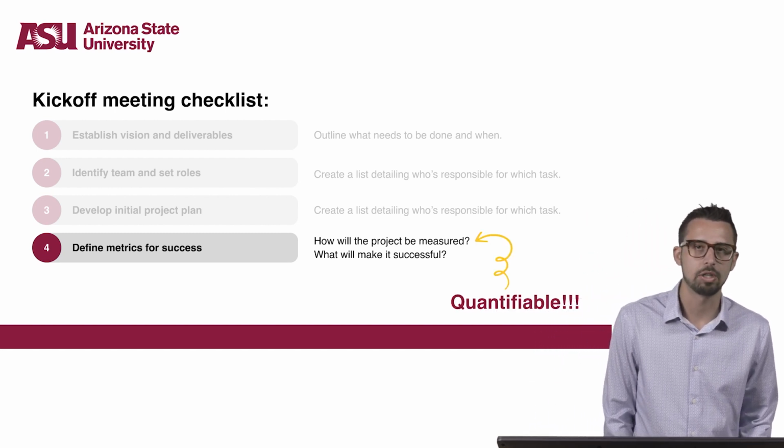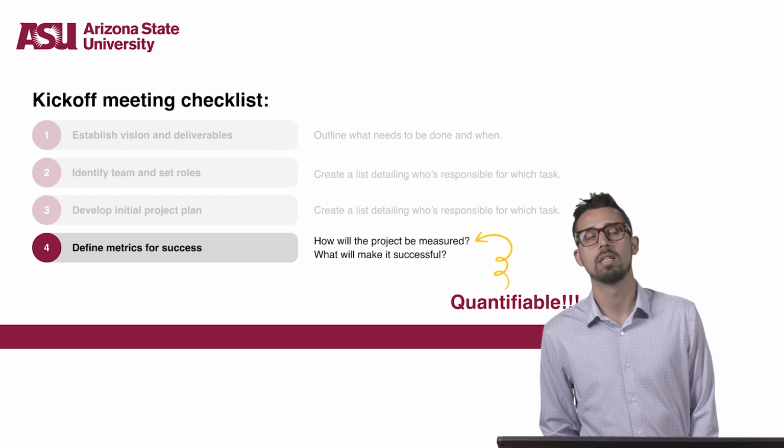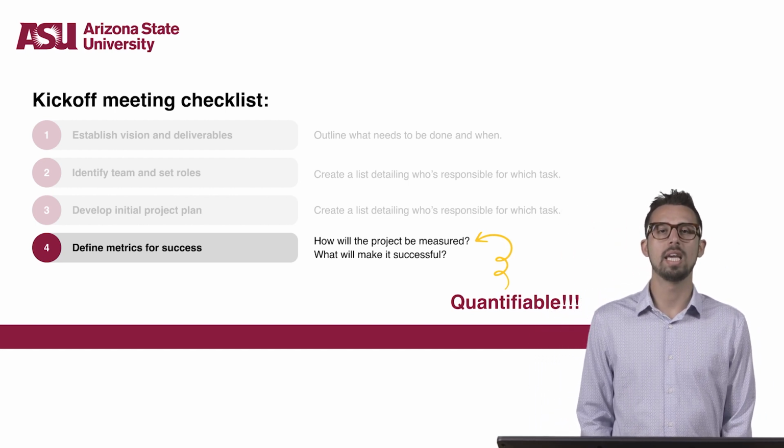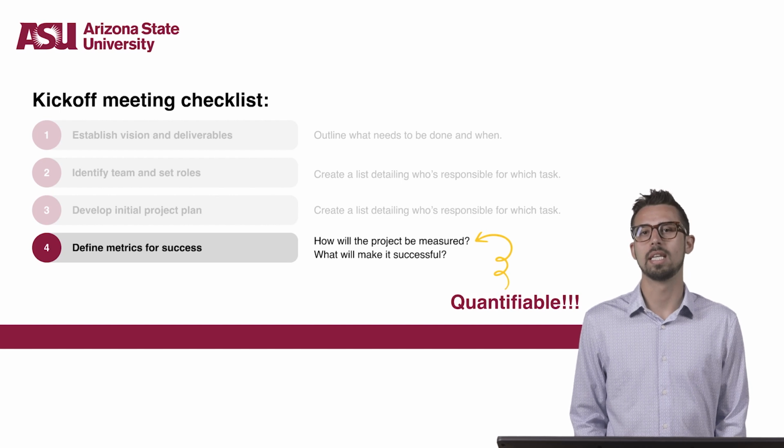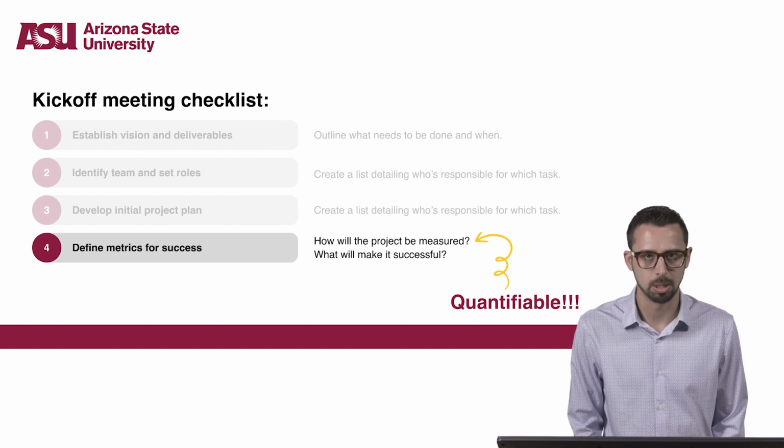We generally want this metric to be quantifiable and objective, meaning that it can't be argued and it can be quantified by numbers.